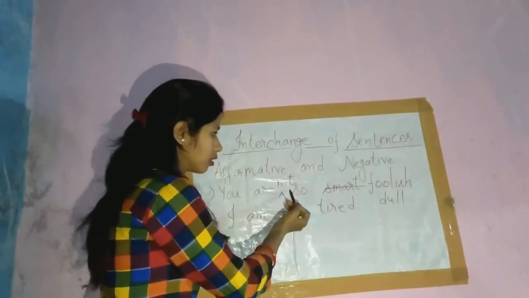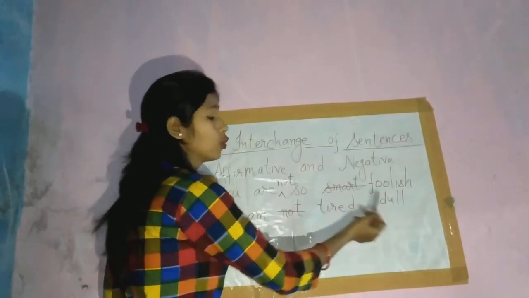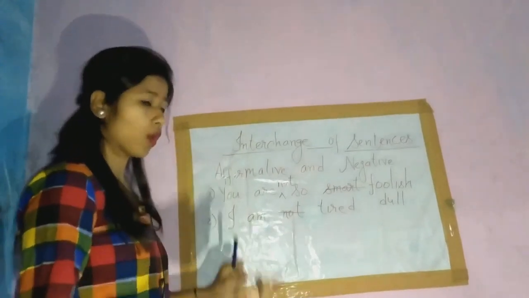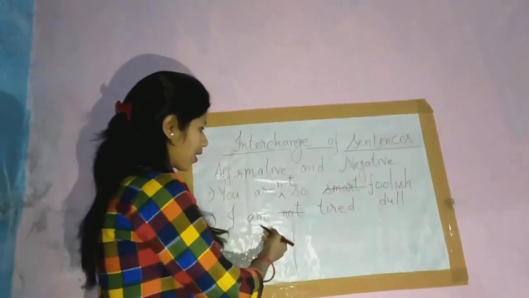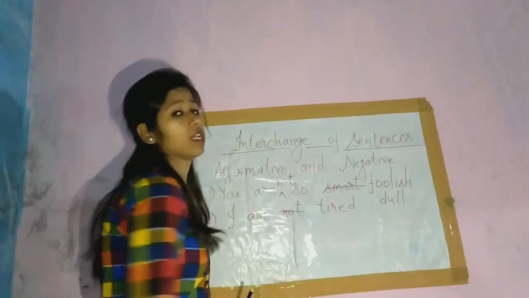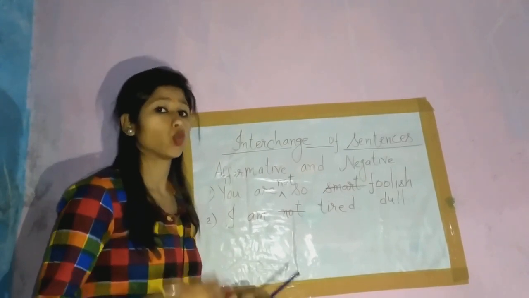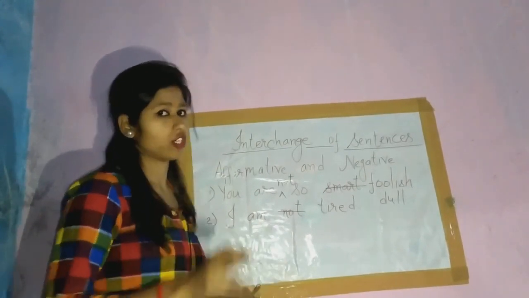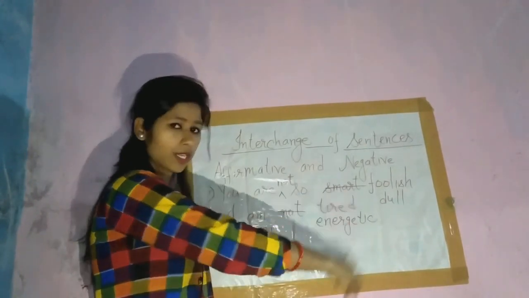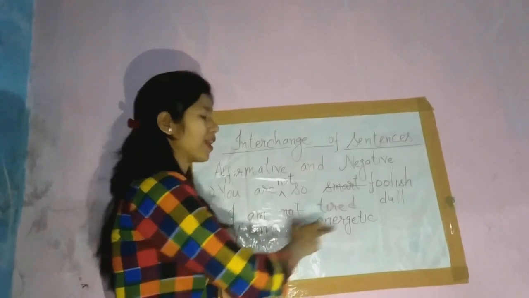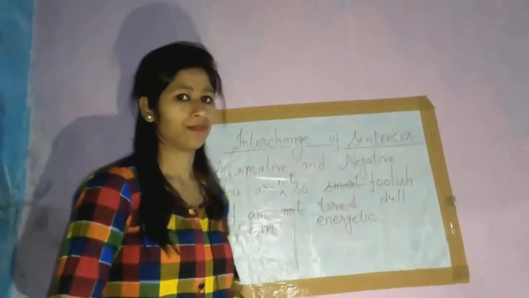You are not foolish or you are not so dull. This is one answer. See this another one. Similarly, I am not tired is a negative sentence and I have to change this sentence into affirmative without changing its meaning. The second one, I am not tired to I am energetic, makes it an affirmative sentence.